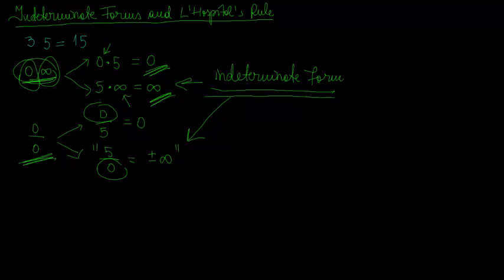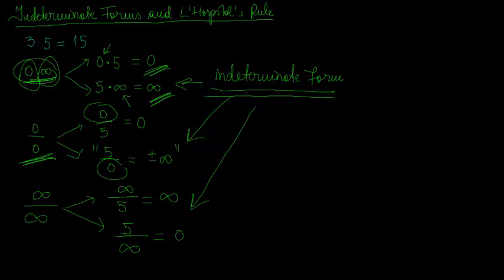Should the infinity in the numerator dominate, and therefore the answer, say infinity over 5, would be infinite, or should the infinity in the denominator dominate, and so 5 over infinity will give us 0. So this is a third indeterminate form, and these are the main forms that L'Hopital's rule is going to deal with.